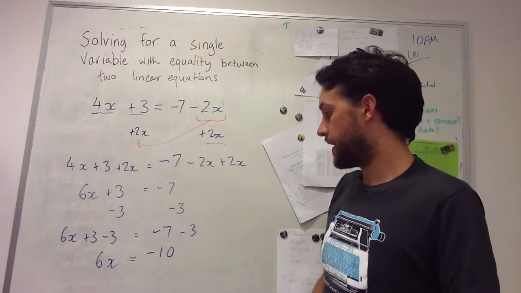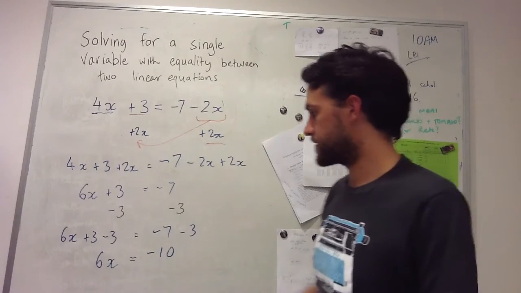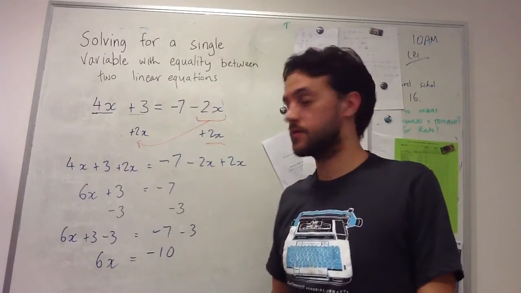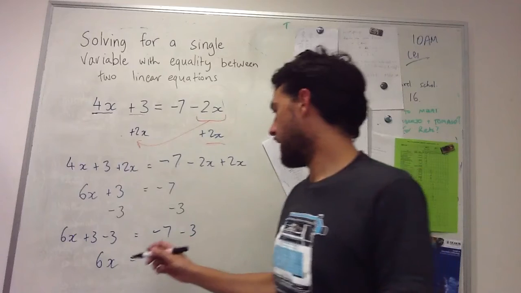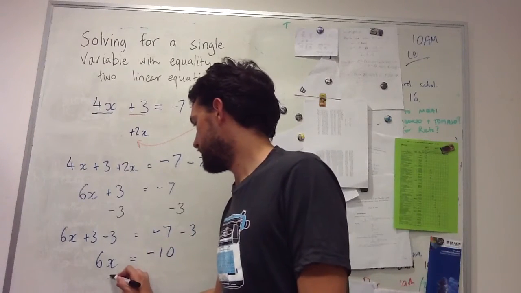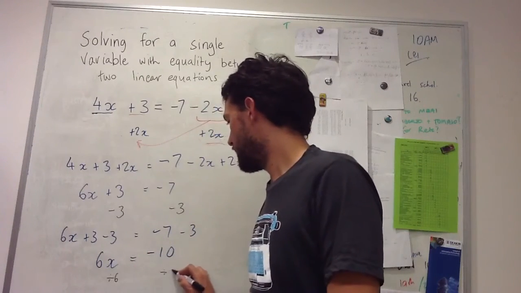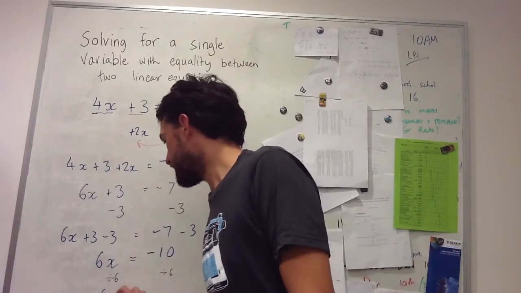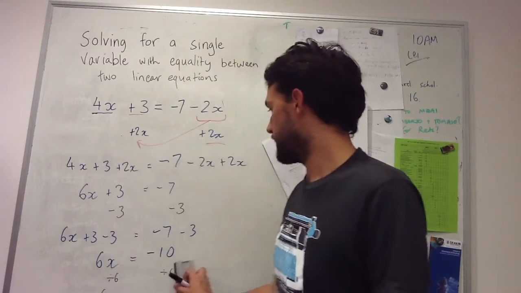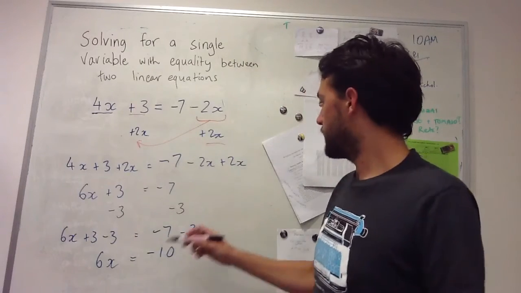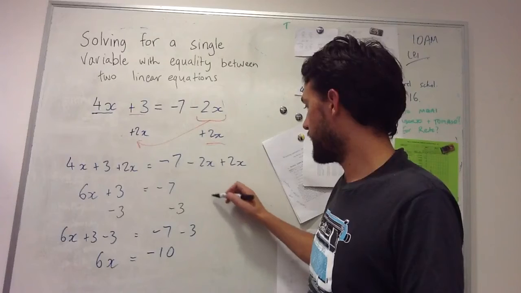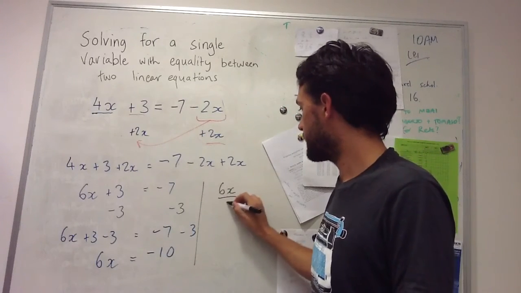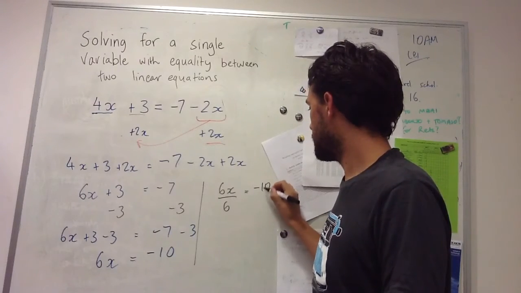And then my last step will be to divide by 6. So since this is 6 times x, or x times 6, could be in either way, I need to divide by 6 on both sides. So at this stage, I have 6x over 6 equals -10 on 6.